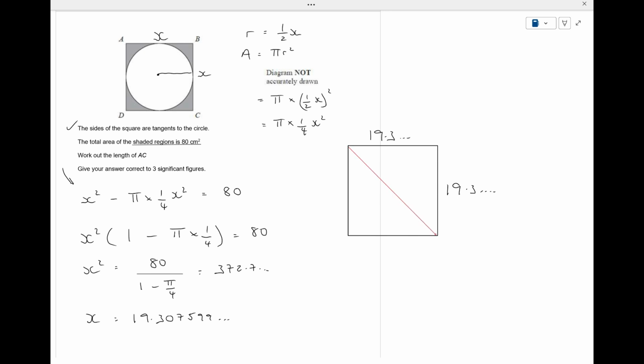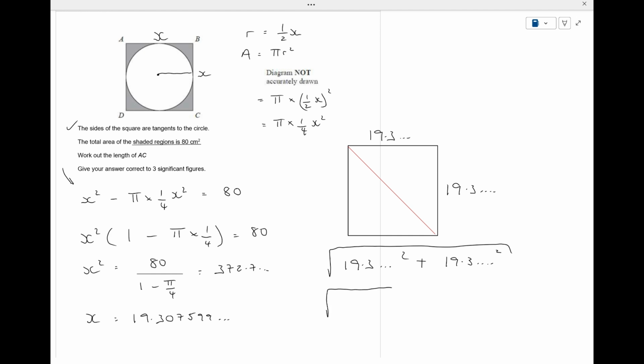Well, I can use Pythagoras to do that, can't I? So I'm going to do 19.3 squared, or the whole number squared, plus the whole number squared again. And then I'm going to square root my answer. So let's square that. Get back to the 372.7 and so on. Okay, double it.